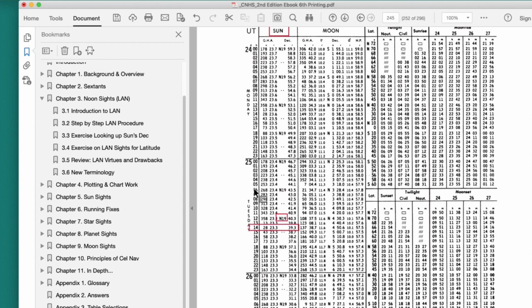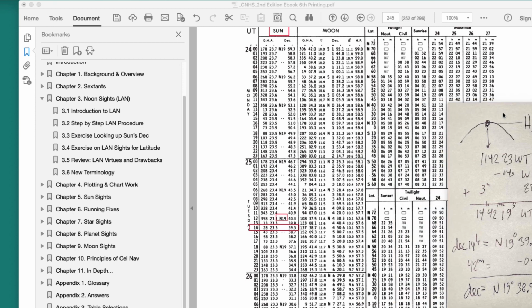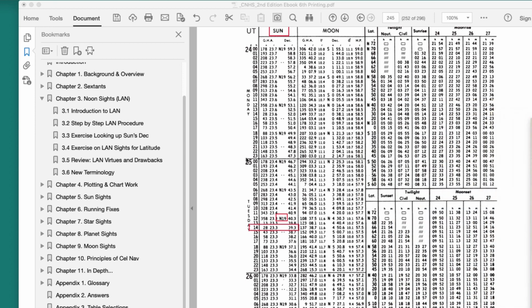Then we come down here, there are 3 pages on the day. We want the middle day. And here's the 25th. We want 14 hours, 42 minutes. So here we've got 14 hours, and then you go straight across here. You see there's no degrees part. I have to go upstairs to get it.